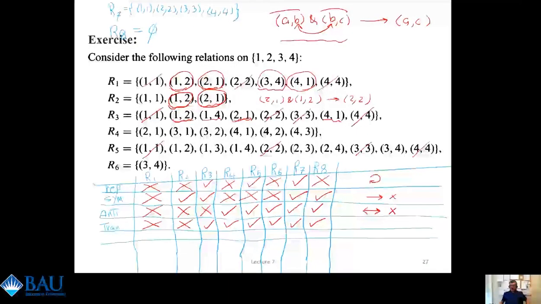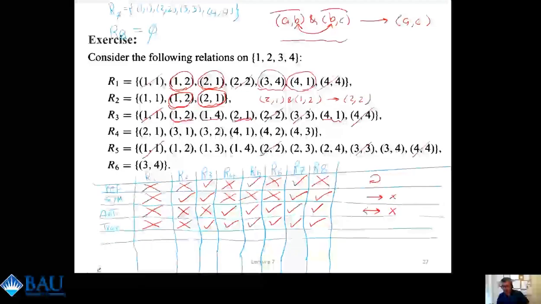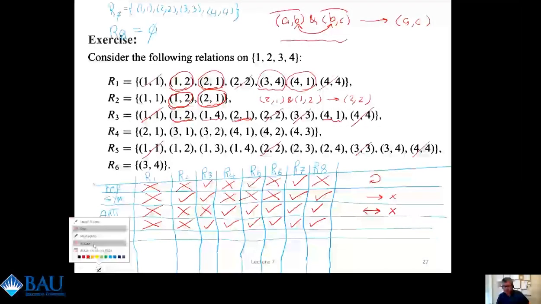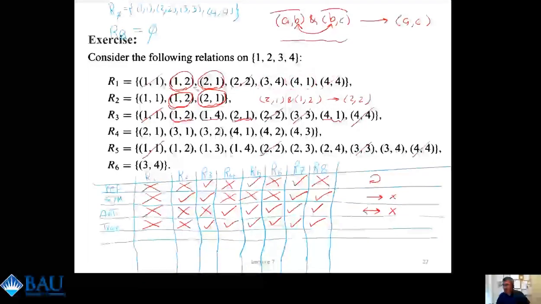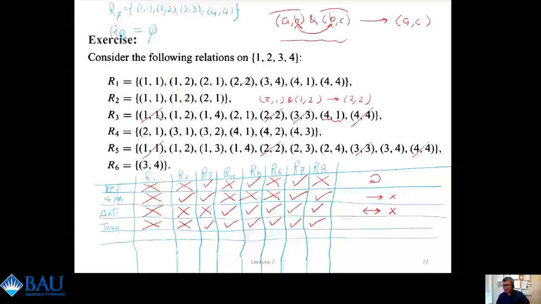So we learn about the reflexive, symmetric, antisymmetric and transitive. Next part is equivalence relation. What's equivalence relation? Equivalence relation is a relation which is reflexive, symmetric, and transitive.